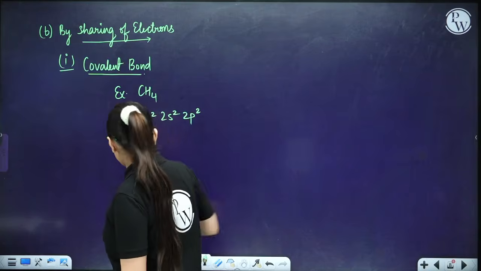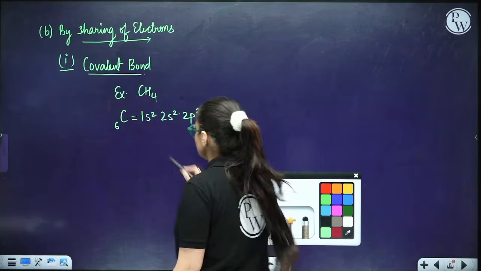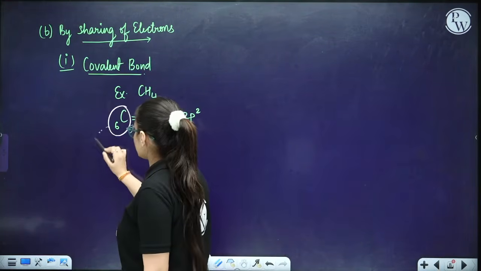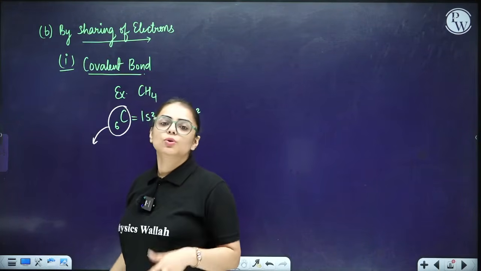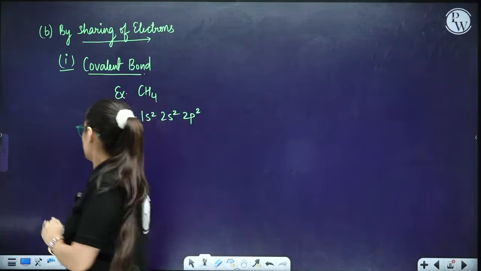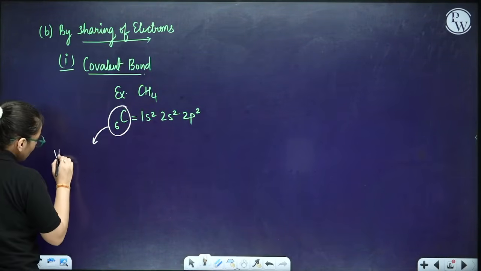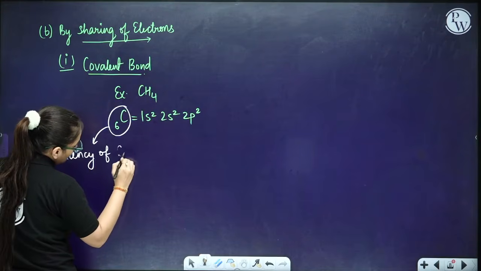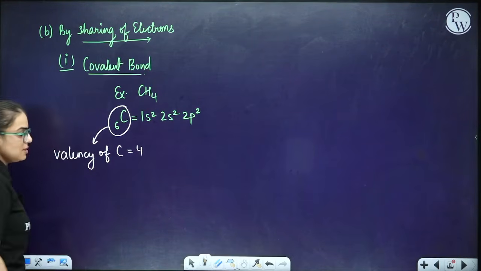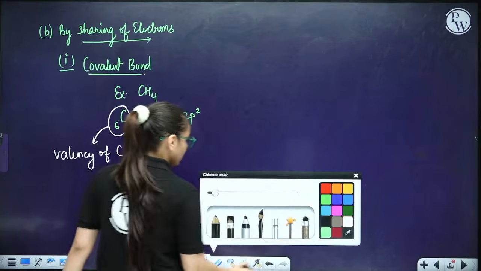Let me tell you one thing over here, because for now you will think that only 2 electrons are there, that 2 orbitals are empty, so 2 bonds will be formed. No, you will get to know about the hybridized orbital. But yes, you can understand in this way, that the valency of carbon is 4. Now ma'am, what is valency? In the previous session I have already told you the definition.